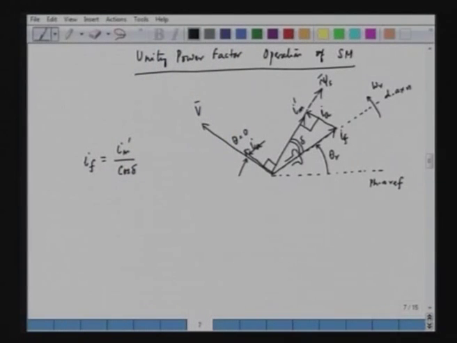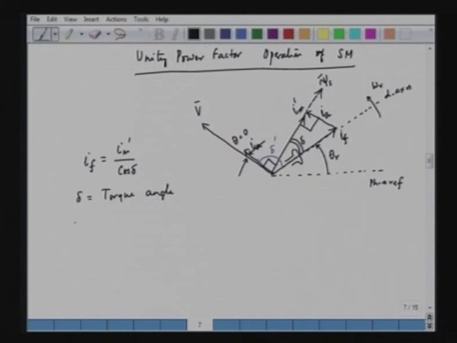We can define a few other angles here. This angle is called the voltage delay angle. This is delta prime. The first angle in this case is delta, called the torque angle. This is the angle between the d axis and the stator flux.